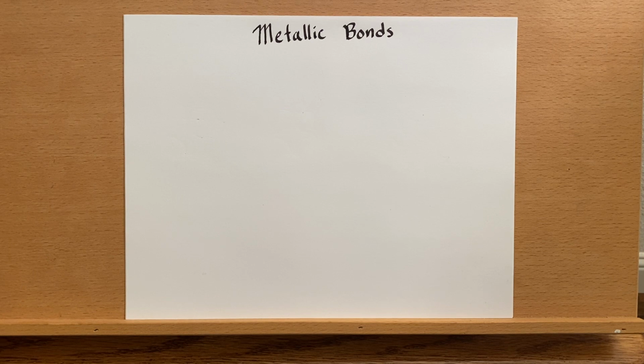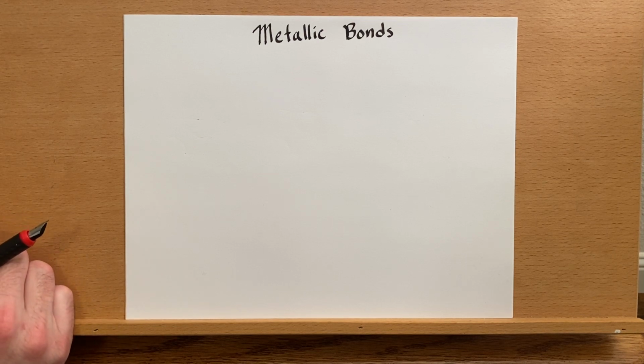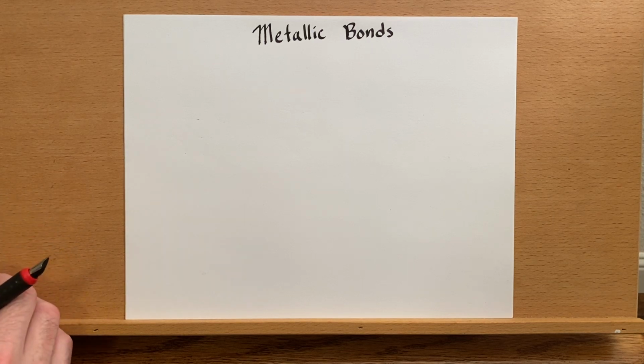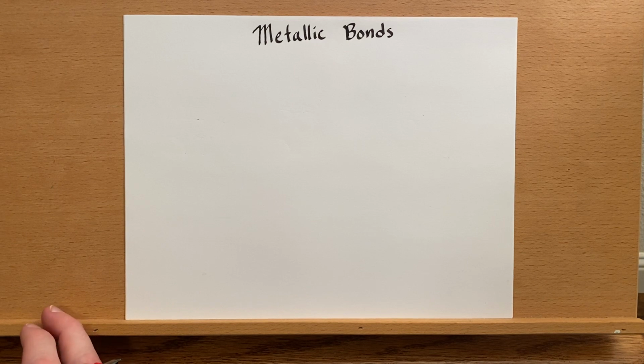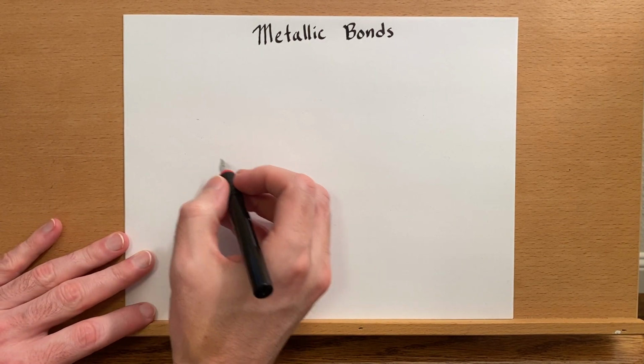It really isn't. Copper is better in that sense. However, it does react with other substances a lot more easily, so they don't use it for every application. Well, that was a little bit of an aside, but let's talk about metallic bonds now.